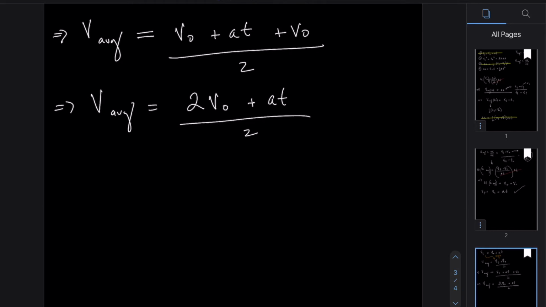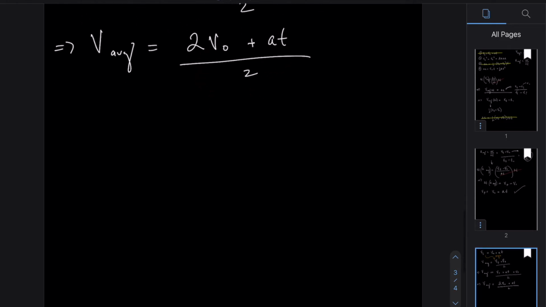If we were just to simplify that a little bit, we get that the average velocity is equal to v initial plus 1/2 at. Starting to look familiar, the last thing we would need to do is probably multiply by time somehow, right?